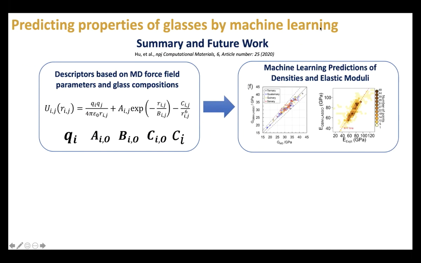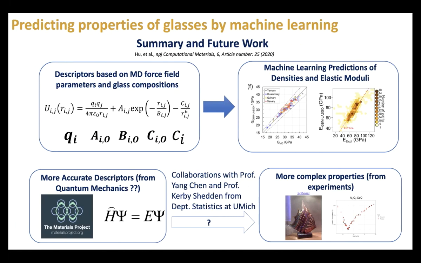We use descriptors based on MD force parameters and glass composition to automatically predict the density and the elastic modulus based on machine learning models. In the future, we want to use more accurate descriptors based on quantum mechanics and predict some more complex properties which cannot easily be calculated by MD simulation.